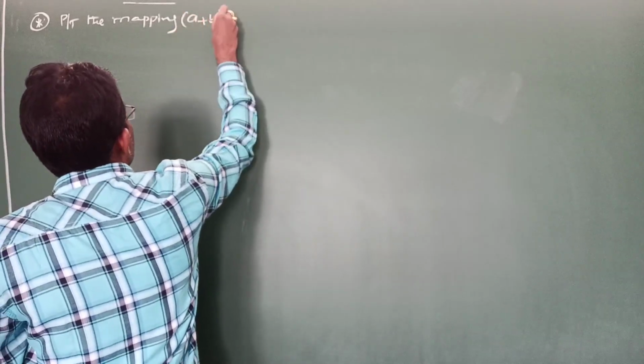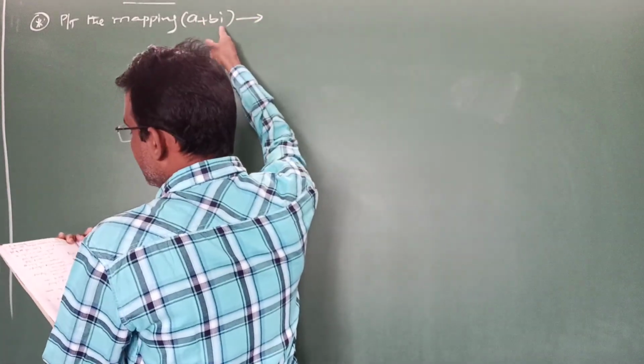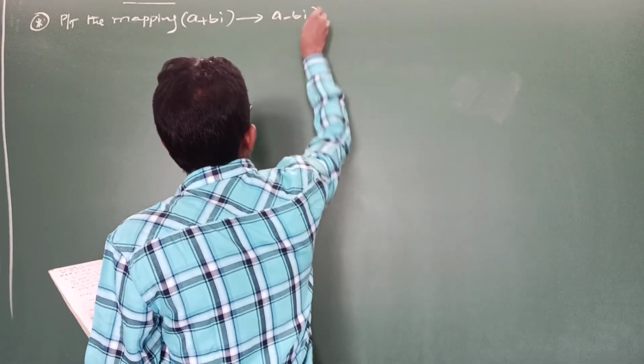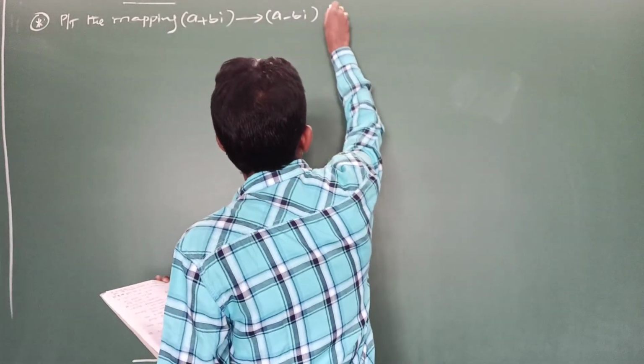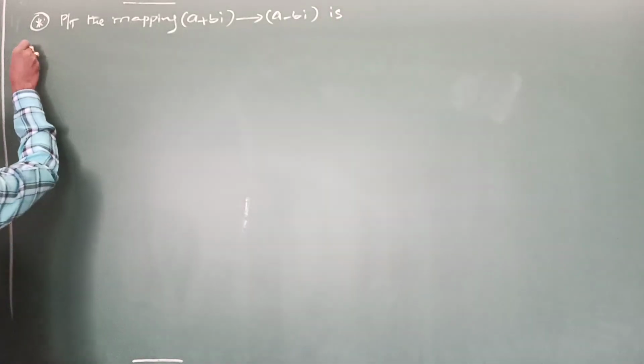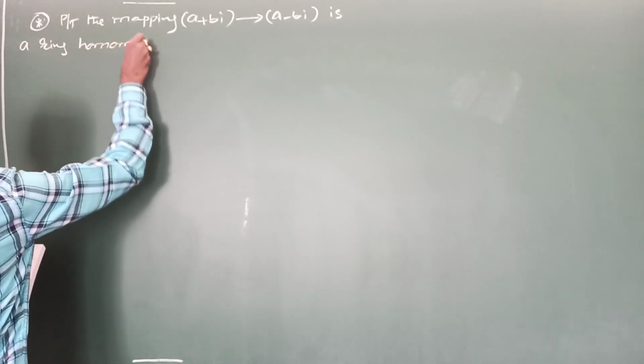Prove that the mapping a plus bi, or ib, anyway you can write bi or ib, complex number formation.